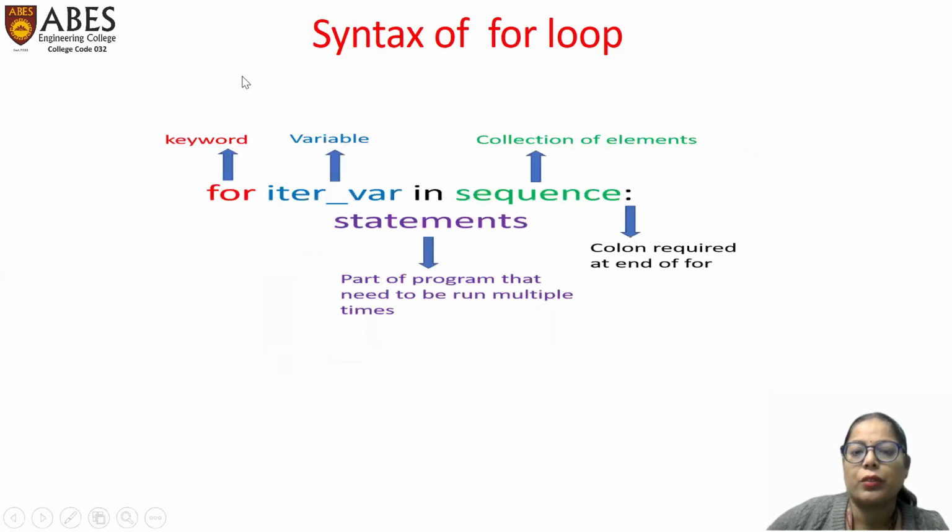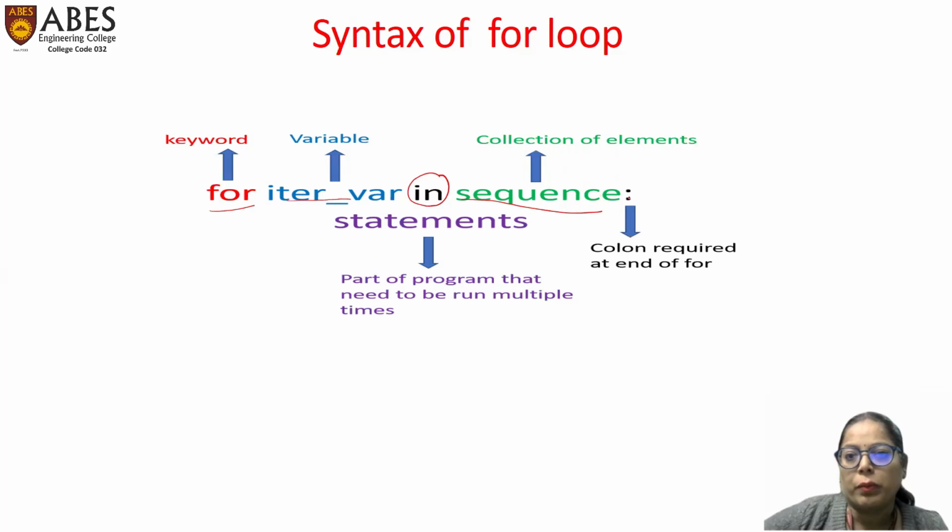Now this is the syntax of the for loop, how you are supposed to write it in Python. First you use the for keyword, then an iterative variable, then the keyword in, then a sequence. The sequence can be a list, tuple, range, or whatever sequence you have studied in Python. A sequence is basically a collection of elements. After that, you write a colon at the end.